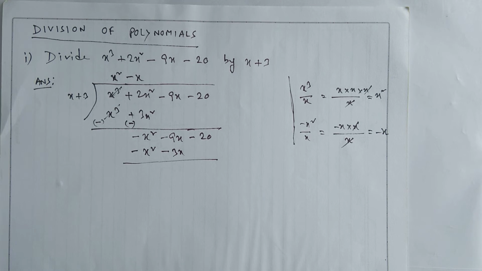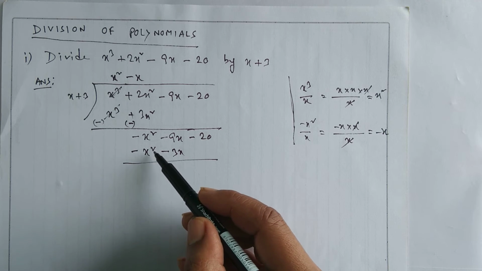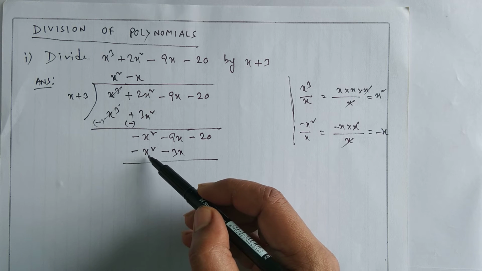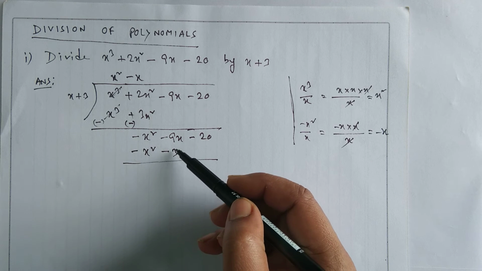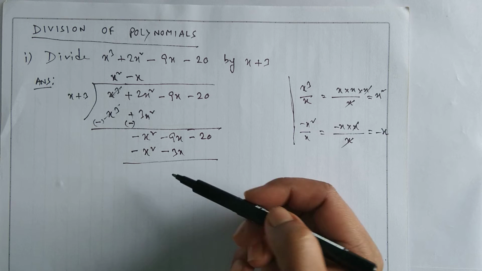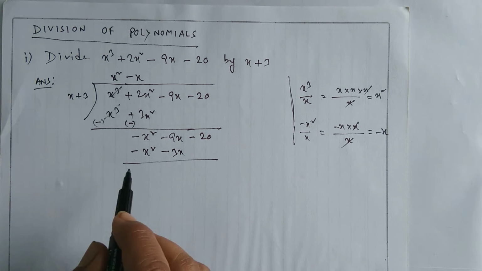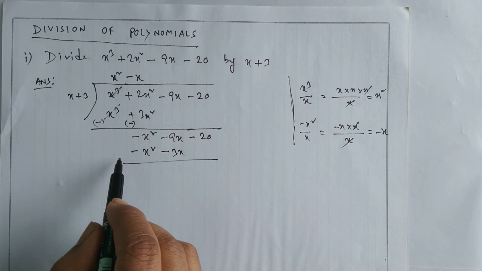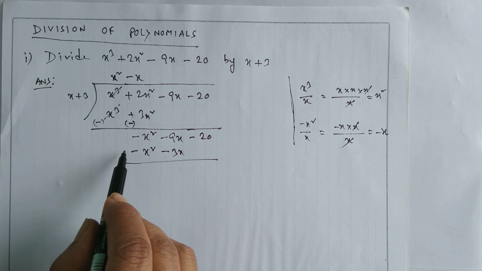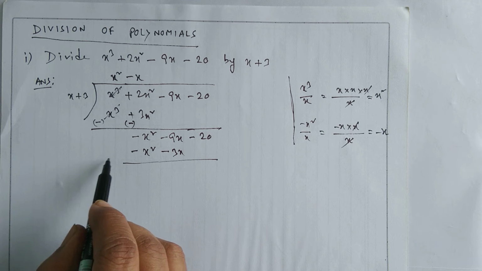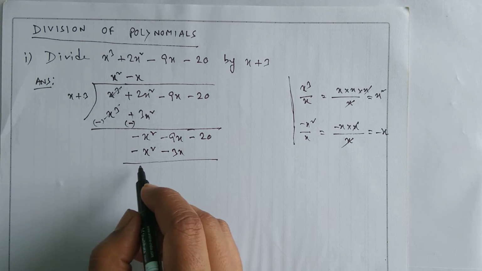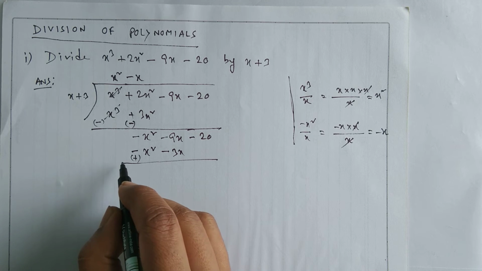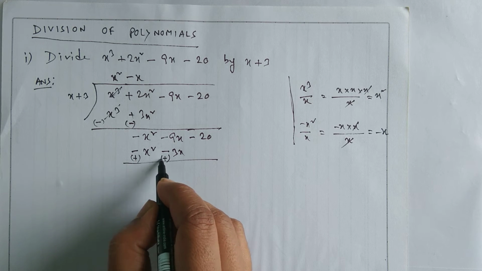One thing, always be careful that the like term should be written below the like term. So x square I have written below x square, and 3x I have written below 9x, because they are like terms. Now we will subtract this by the rule of division. Now when you subtract, this is minus, minus of minus will become plus, again minus of minus will become plus.